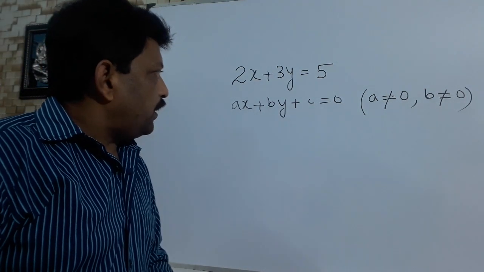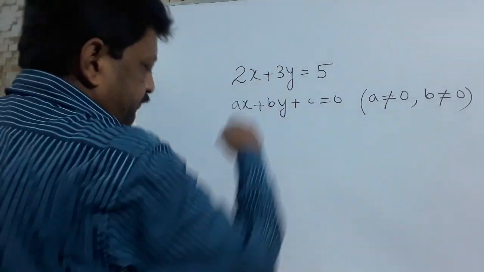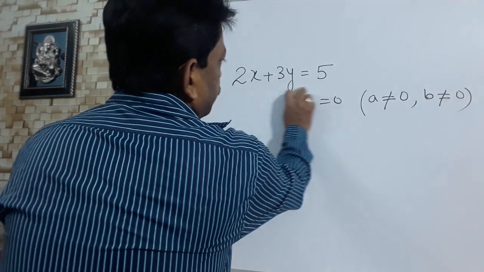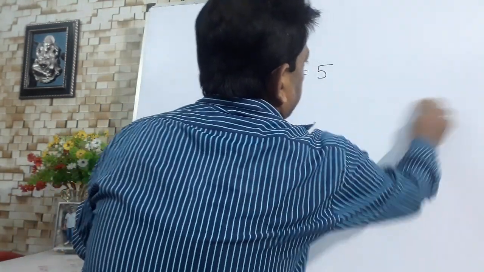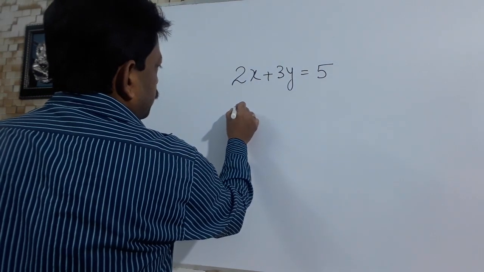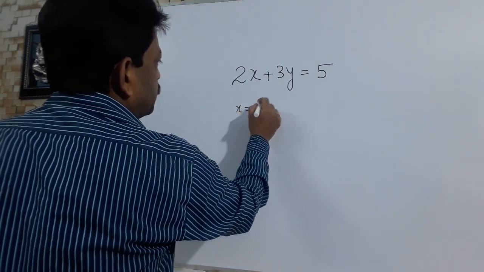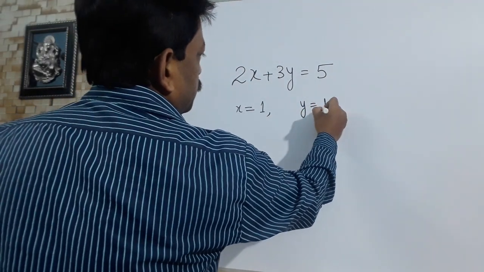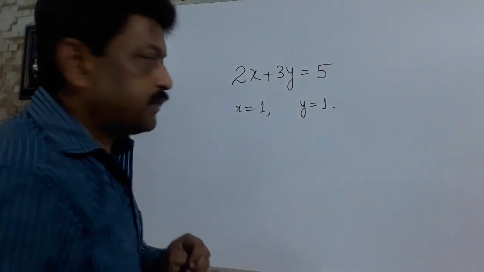Now every point, suppose in the first case, that is 2x plus 3y equals to 5, if I take x equals to 1 and y equals to 1, so what we will get?